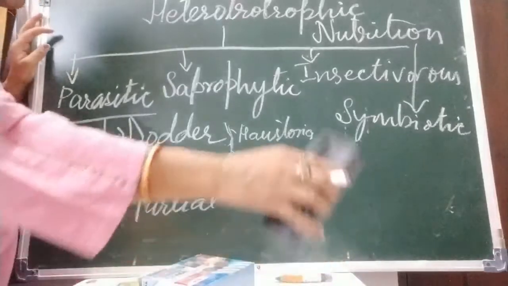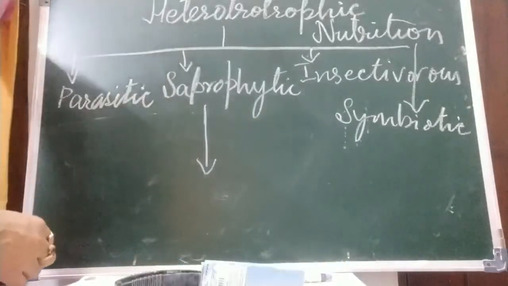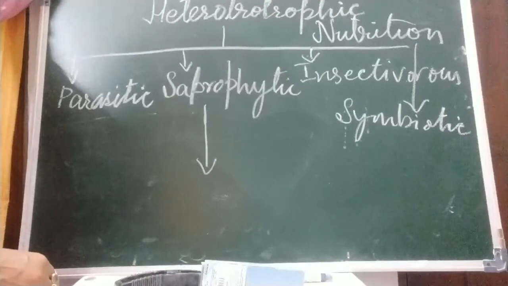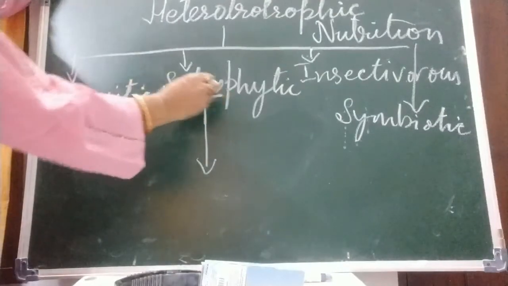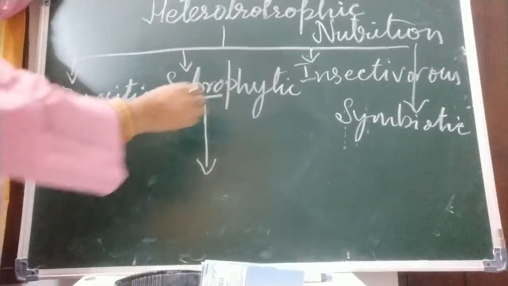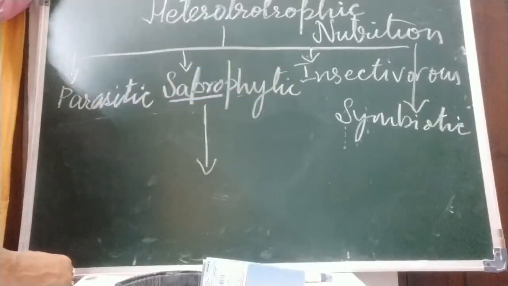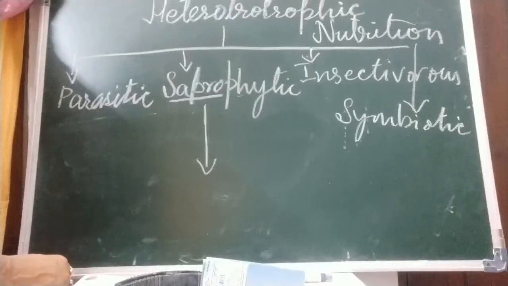Okay, children. Now come saprophytic plants. A saprophytic plant is one that obtains its nutrients from dead and decaying plant and animal matter. Sapro means rotting. Phyte means plant. So they draw their nutrients from dead and decaying plants and animals.